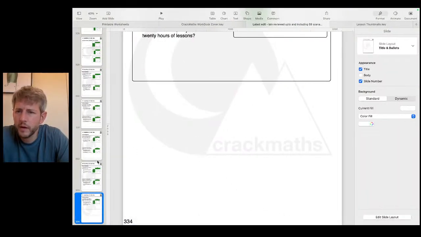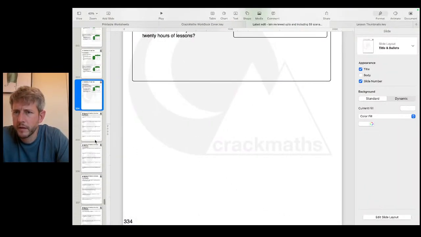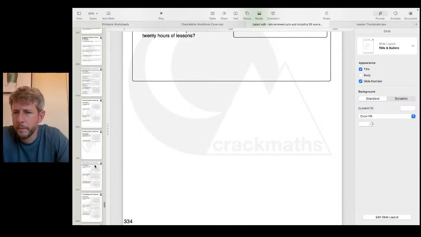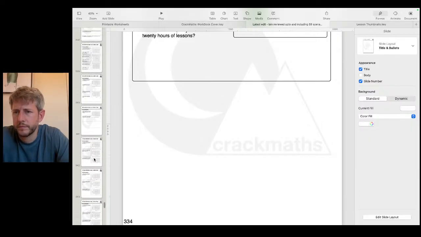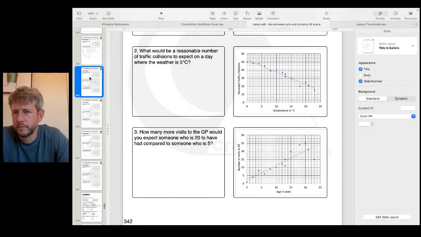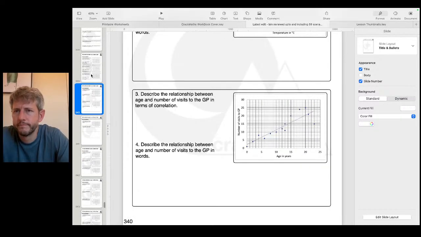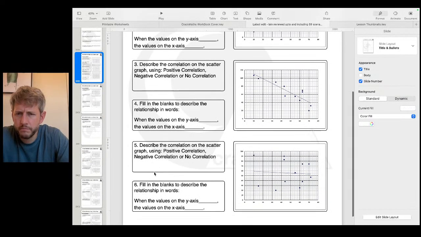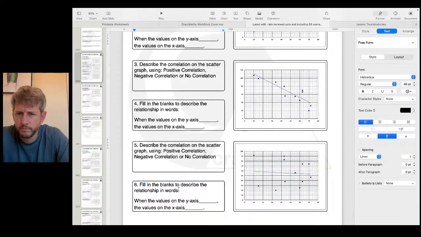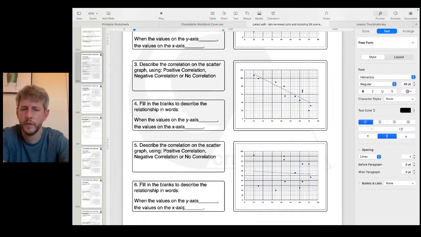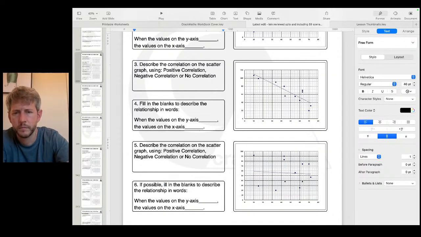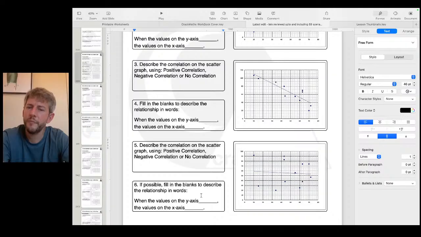Let me think. Maybe I could put something like, maybe, if possible, fill in the blanks to describe the relationship in words.